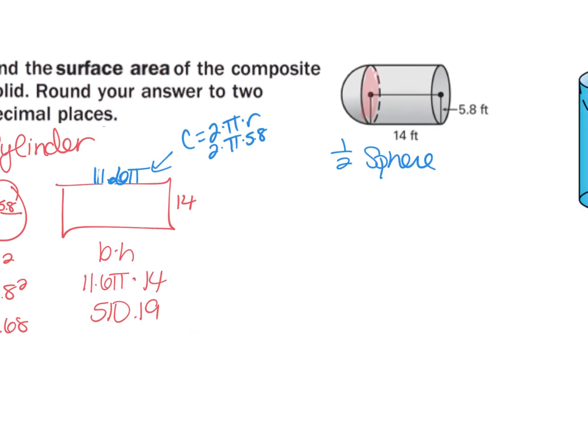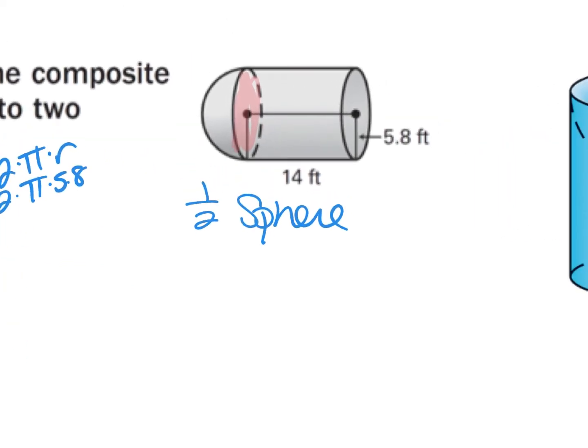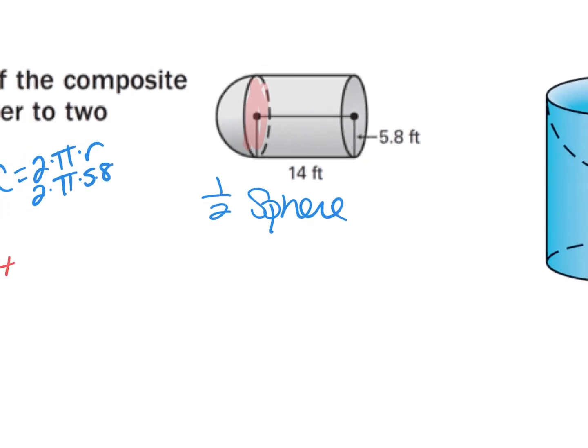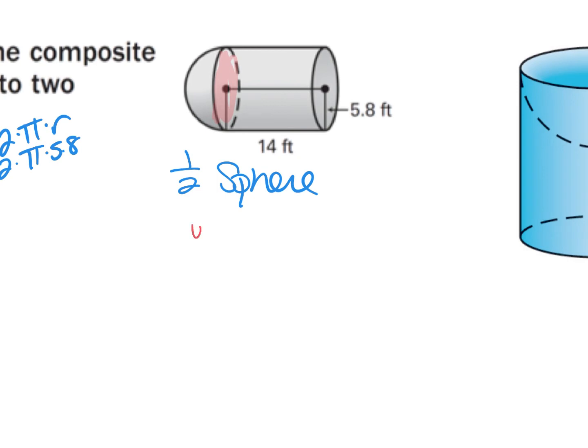All right, so now we have a half a sphere. So my suggestion on this half sphere is to find the surface area of the whole thing, and then divide it in half, divided by 2. So for the whole sphere, we're going to do that first.